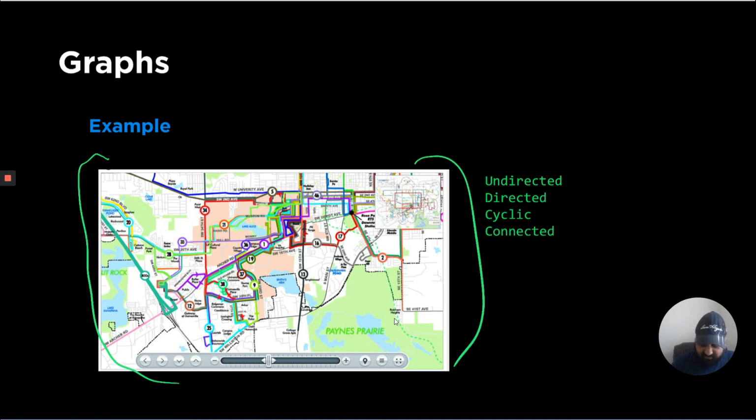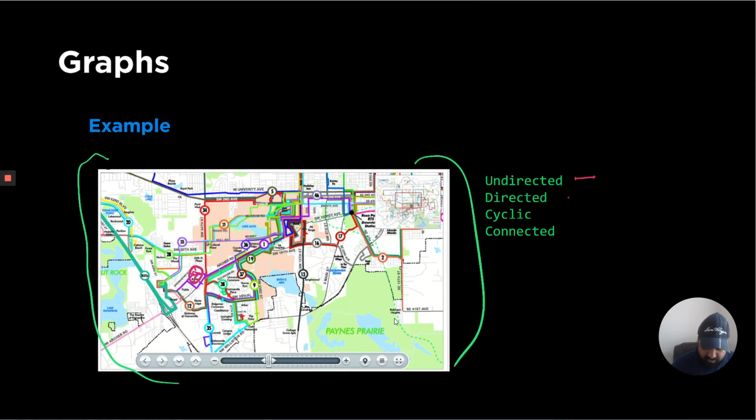So this graph, if we are trying to build it, can be represented as directed because there are some paths with a direction, like I'll give you an example. Let's talk about this one. In this case, there's some direction given to it. So it's both directed as well as undirected, because some of the paths here do not have a direction for some reason.